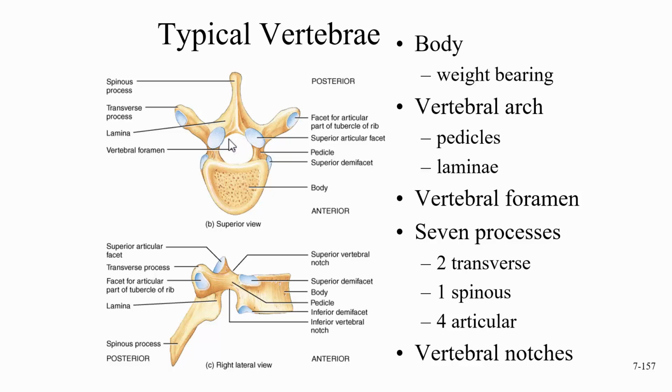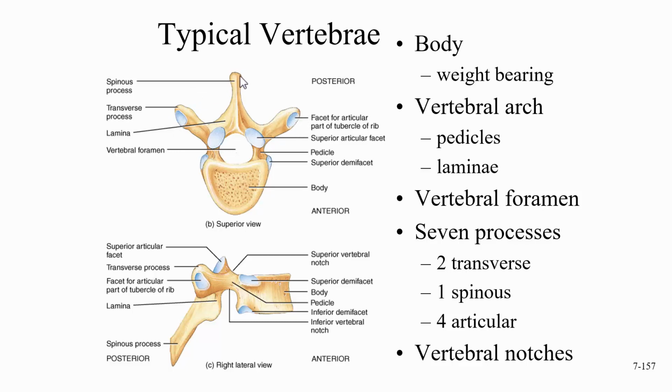In the middle, we have the vertebral foramen. And the vertebral foramen is where the spinal cord is going to live. And we have 7 different processes. We have 2 transverse processes. We have 1 spinous process.